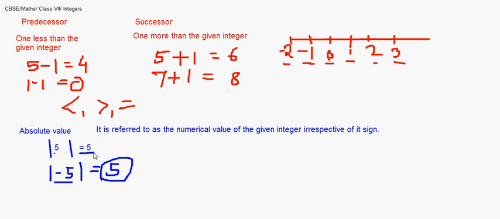Before taking a few questions, I'll just be explaining addition and subtraction, and then in the next set of topics we will be discussing the product and the division. How do we add two given integers?